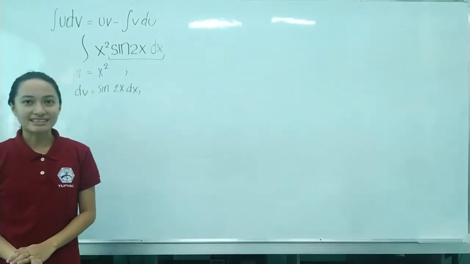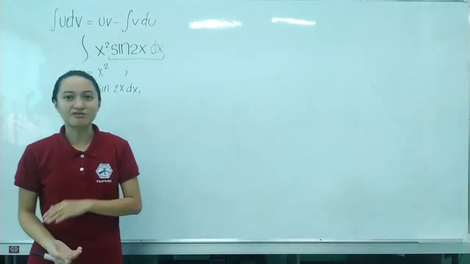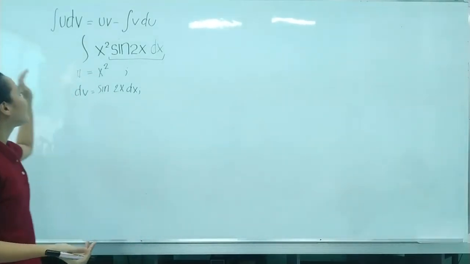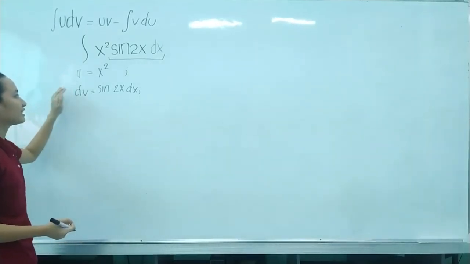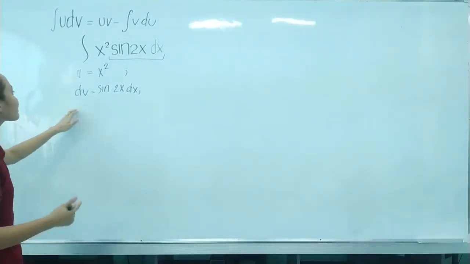We can find our du and v by differentiating our u and integrating our dv.